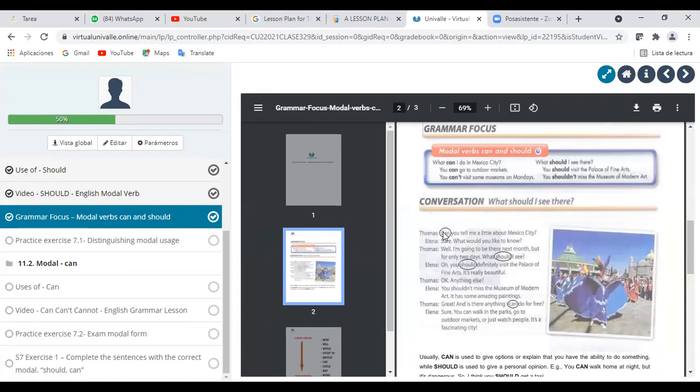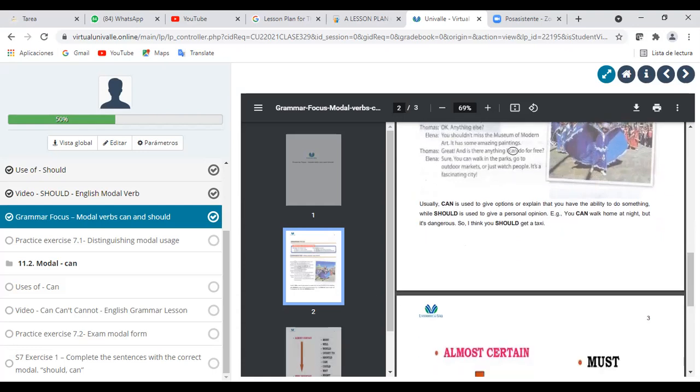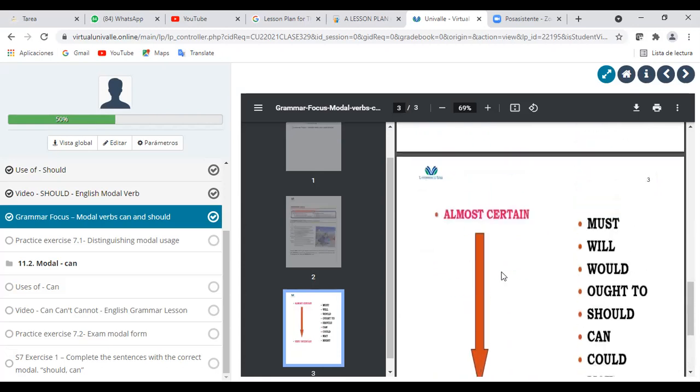Usually, can is used to give options or explain that you have the ability to do something, while should is used to give a personal opinion. Example: you can walk home at night, but it's dangerous. So I think you should get a taxi.